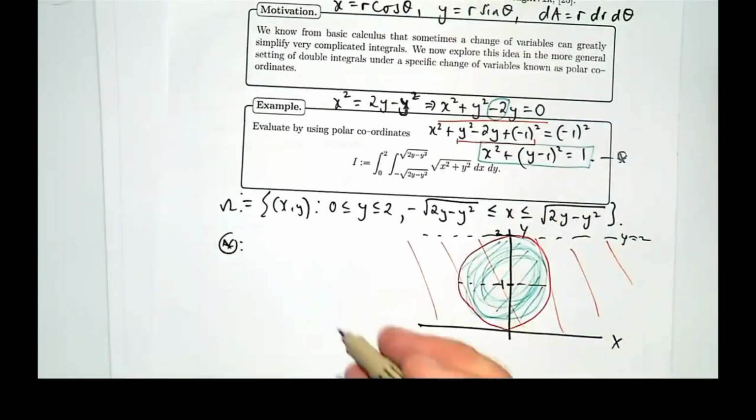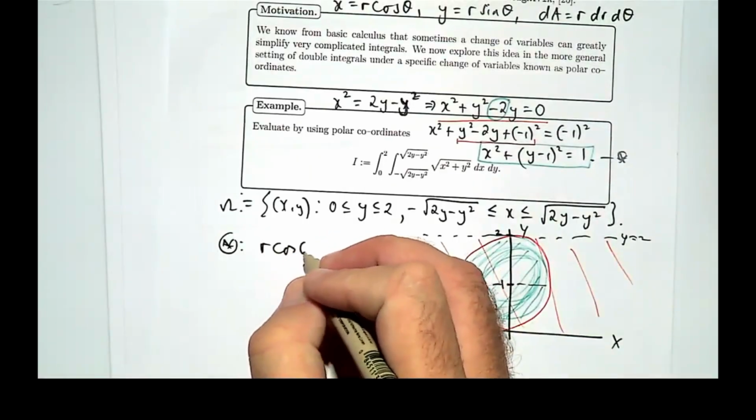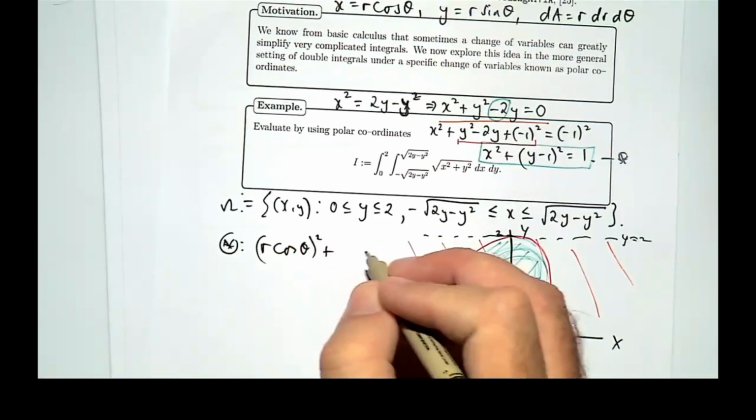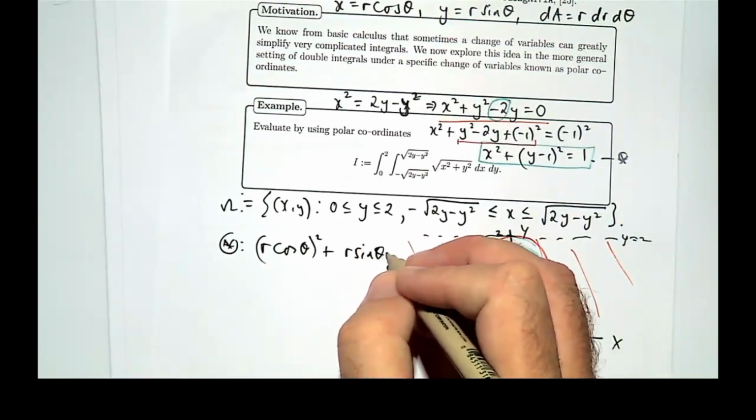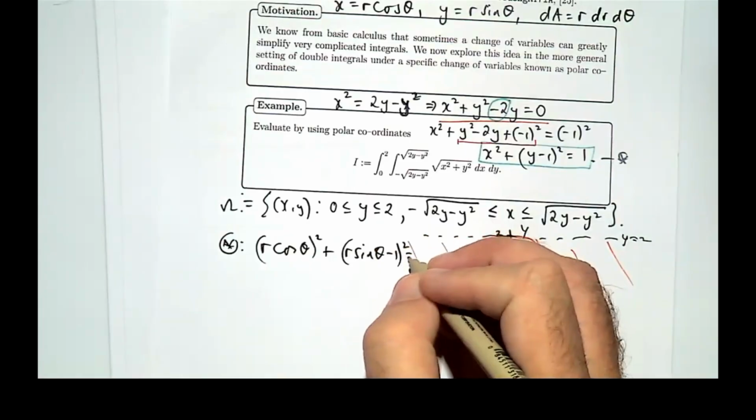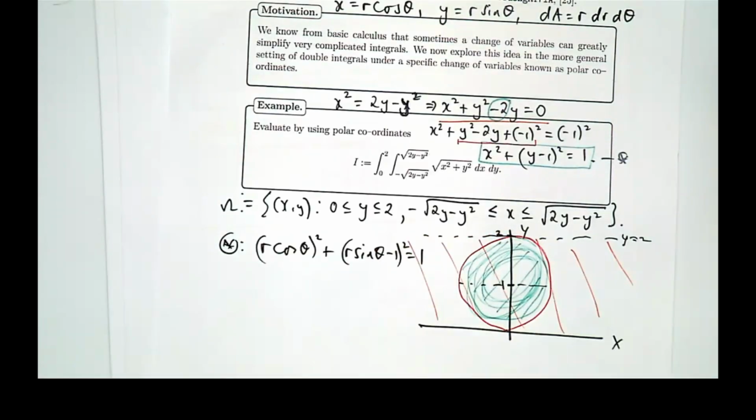So from this representation, yep. Okay. So if I expand that and use cos squared plus sine squared equals 1, I'll get the following. And I'm just going to move things around and factor them.